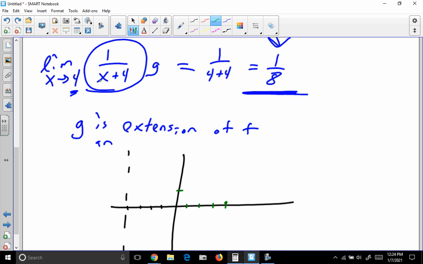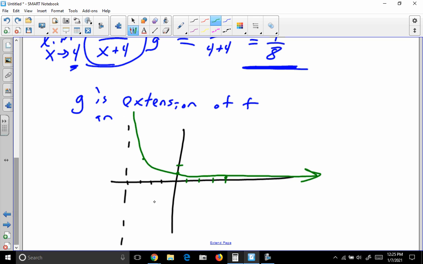When x is 0, we're at 1/4, so we're here. If we pick negative values like negative 3, we would be at 1. So this function is doing like this. If we continue going to the left side, we would be doing like this. So this green, that's the function g.